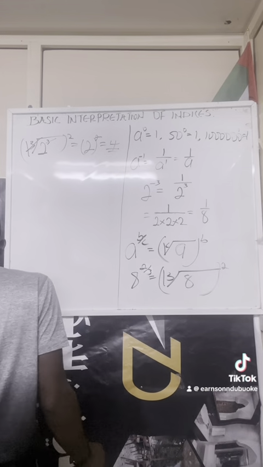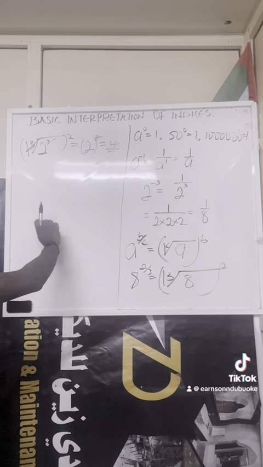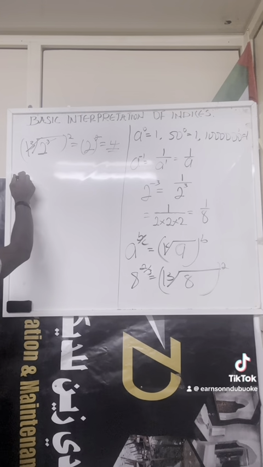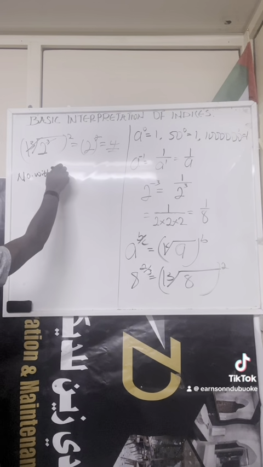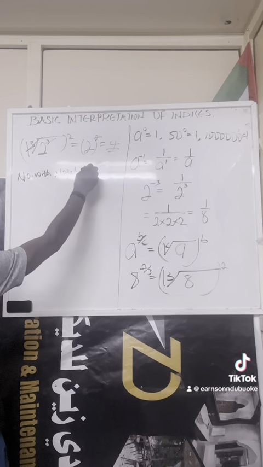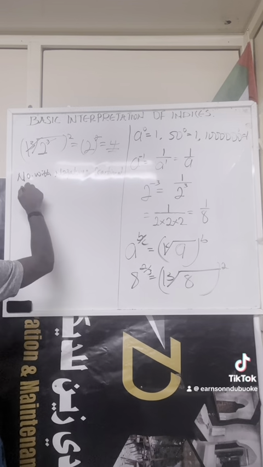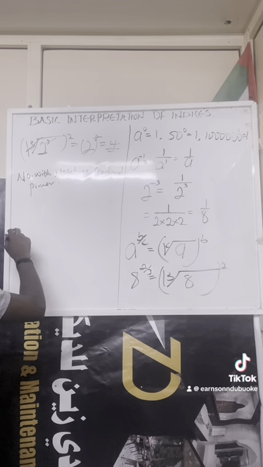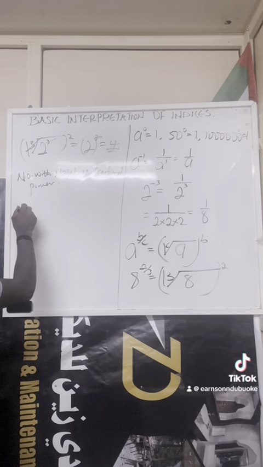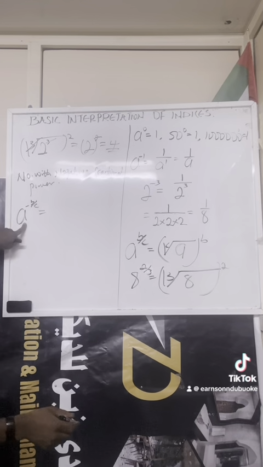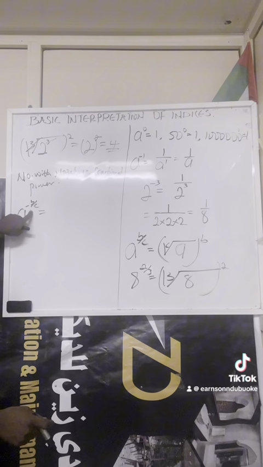So, converting numbers with negative fractional power, for example, if you have a raised to the power of minus b over c, the denominator of the fraction can be taken as the root.